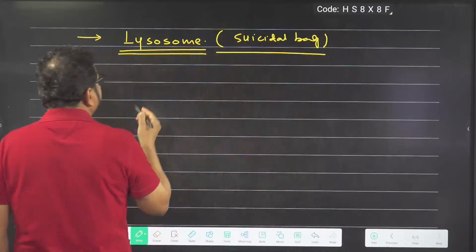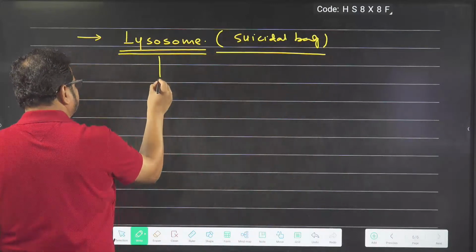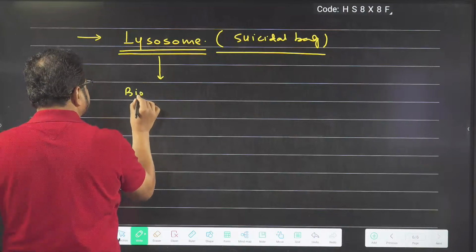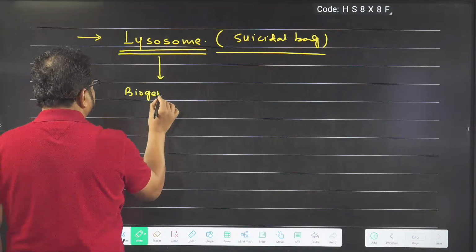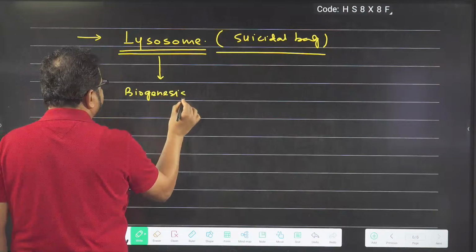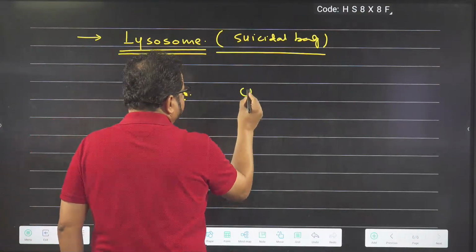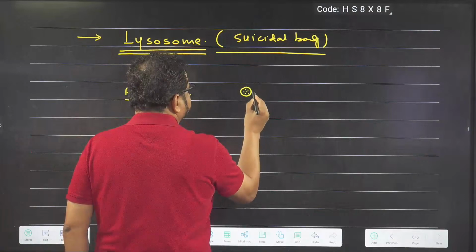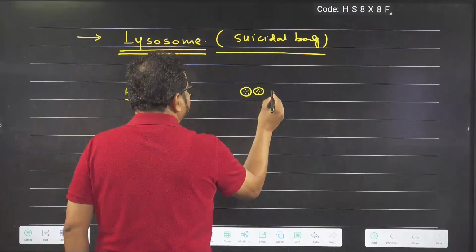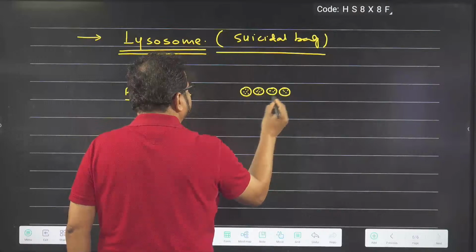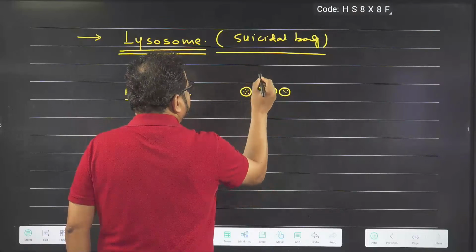Now, if we talk about lysosome, how is it going to be synthesized? Biogenesis. So what happens? These are vesicles of the Golgi body. Many vesicles of the Golgi body. These are what basically?